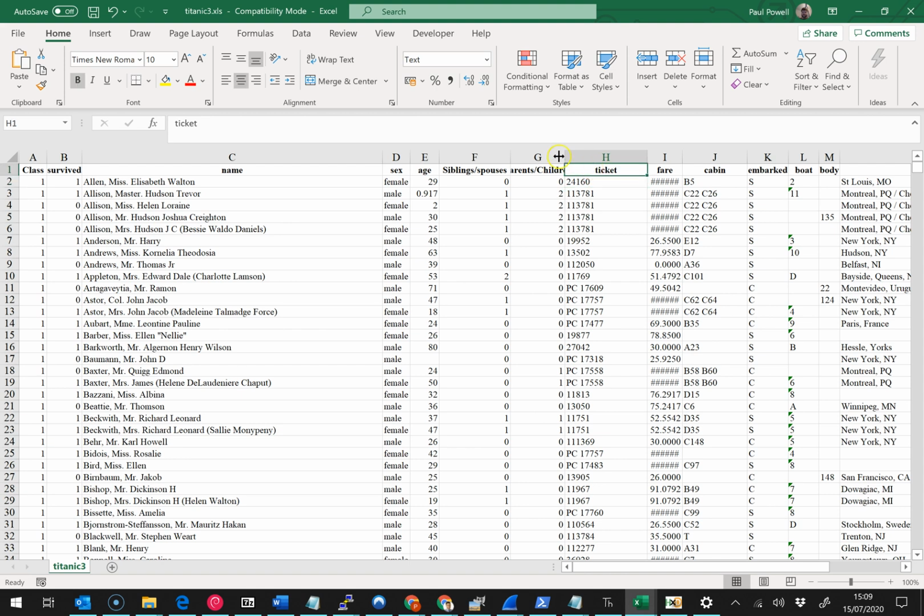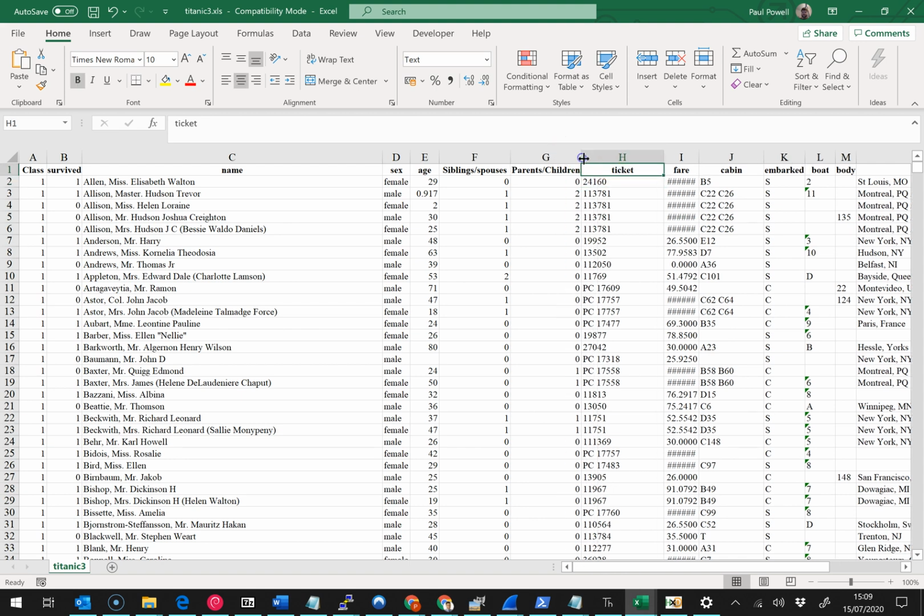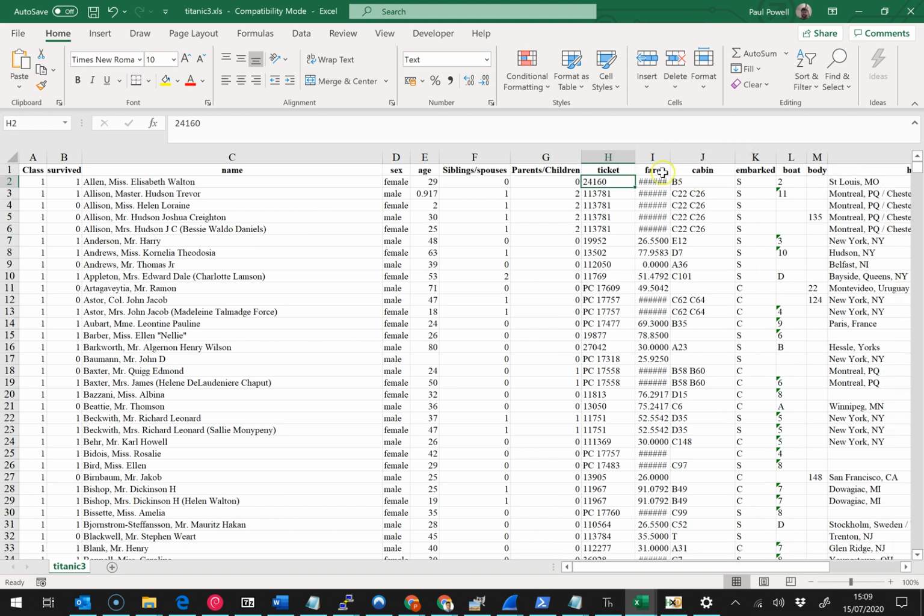Ticket is their ticket number. So that's quite straightforward. We're not really going to do much with that. And then the next one is the fare they paid. Now you can see this is all coming in funny with hashes here. Not called hashtags, hashes. Okay.